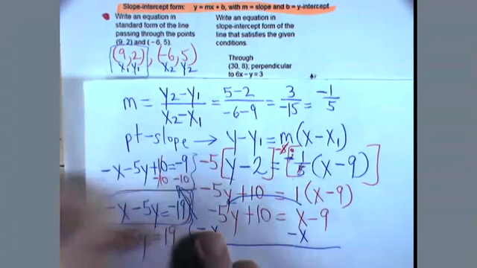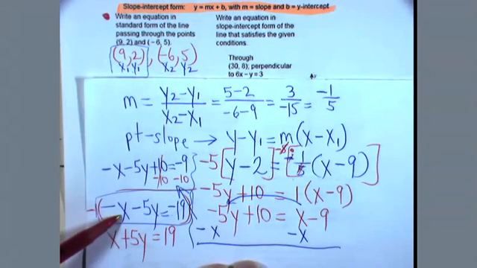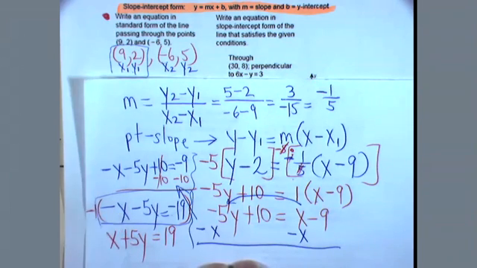Again, only do that if my math lab will mark your answer wrong and it's looking for your x part to be positive. But if you put this answer down with the negatives, then I'll actually count that correct. To me, that's just as correct as the one with the positive x.